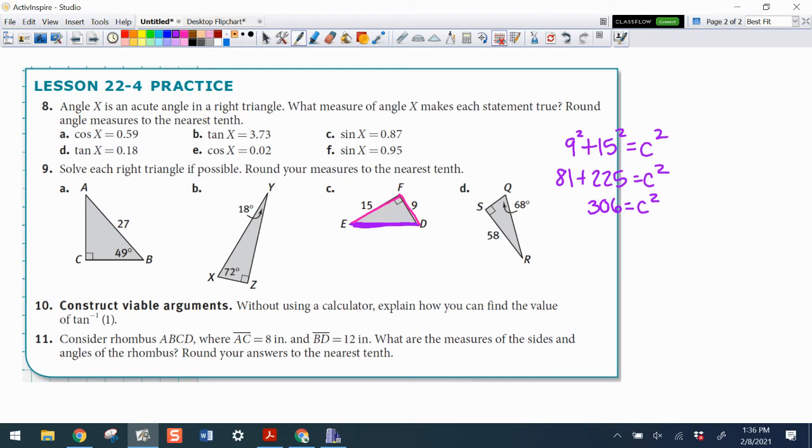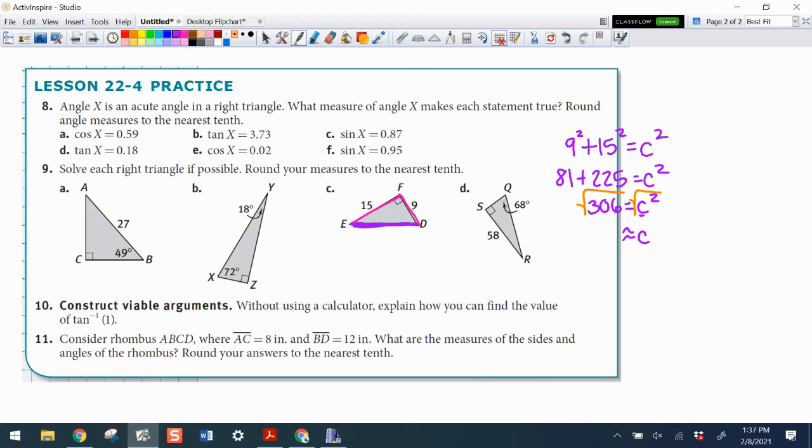Now, obviously, the length from E to D is not 306 units. So the last thing we need to do is solve for C by taking the square root of both sides, because the square root of a number squared is that number. Now, I believe 306 is not a perfect square.